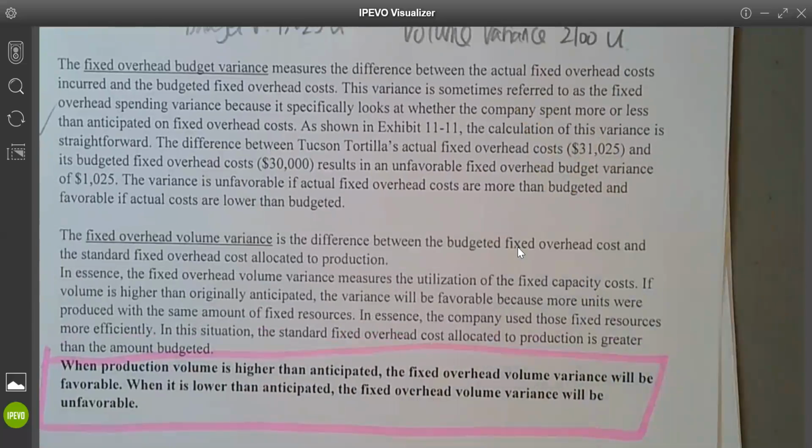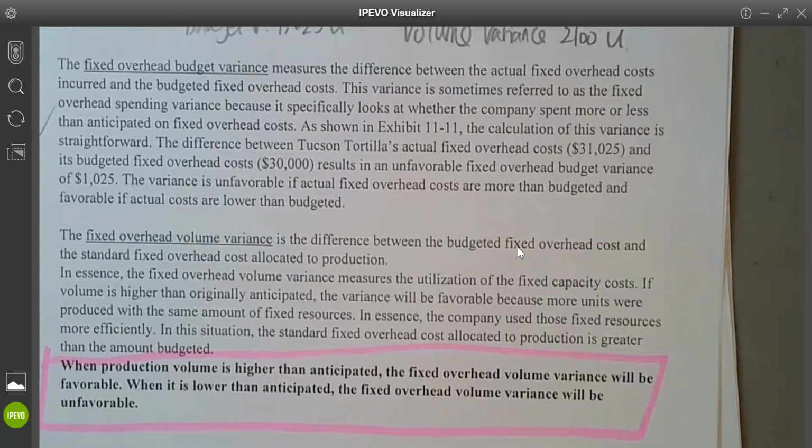So you used the same amount of fixed manufacturing overhead and you produced more units, then that variance will be favorable. Let's say you used $10,000 fixed manufacturing overhead. You thought you will produce 2,000 units, but you produced 3,000 units. Then you will expect to see favorable fixed manufacturing overhead variance.